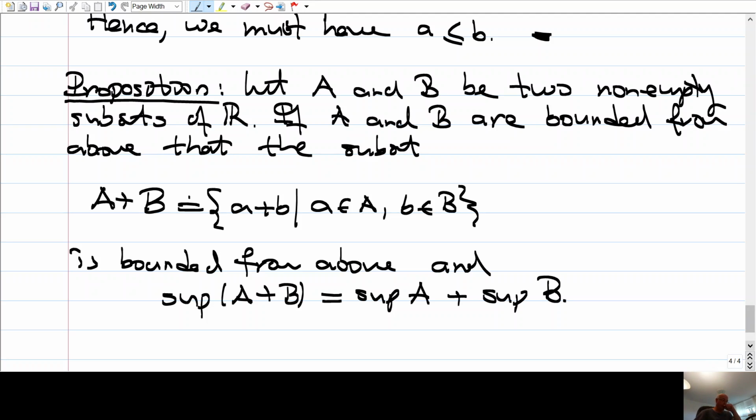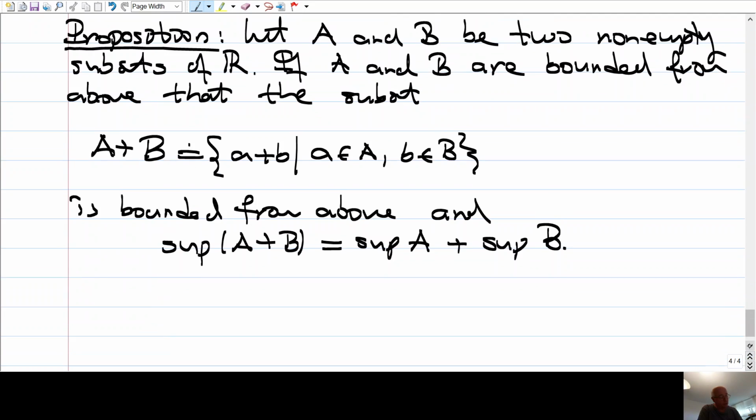Okay, so there are basically two things to be proved. First of all, we need to show that A plus B is bounded from above. And the second thing we need to prove is that the supremum of this new subset is equal to the sum of the supremums of the previous two subsets.